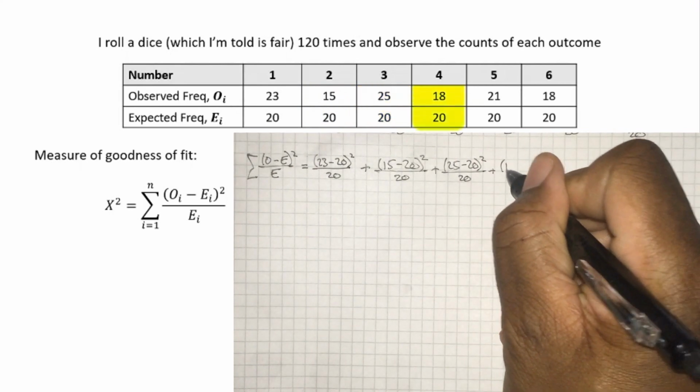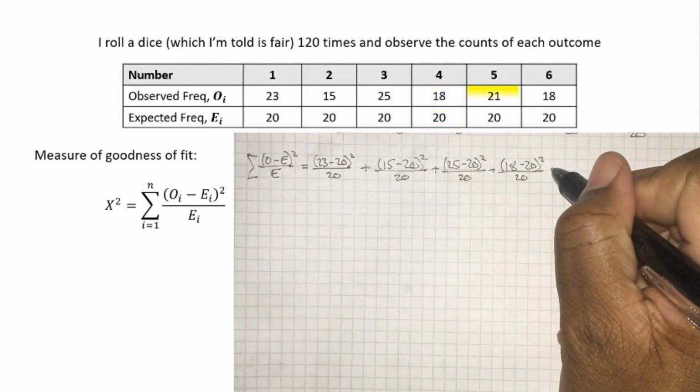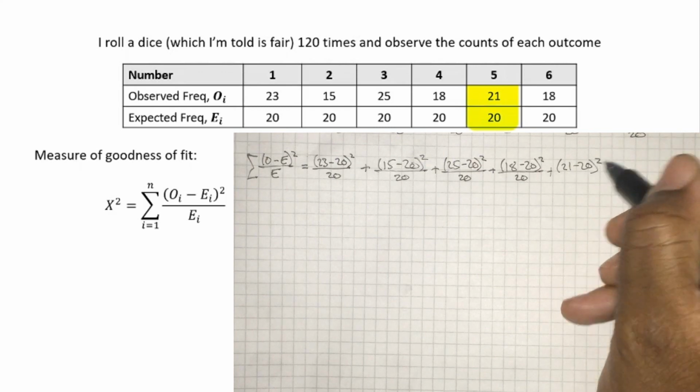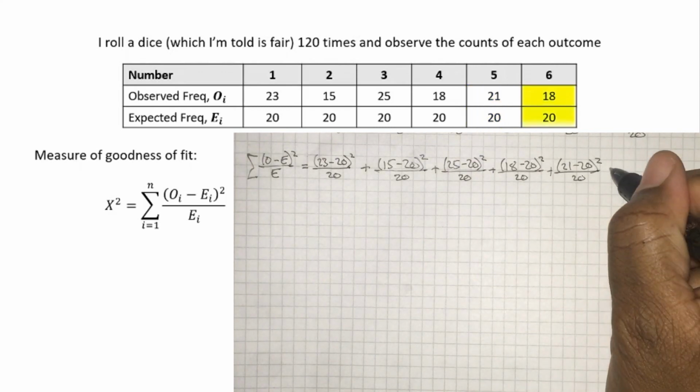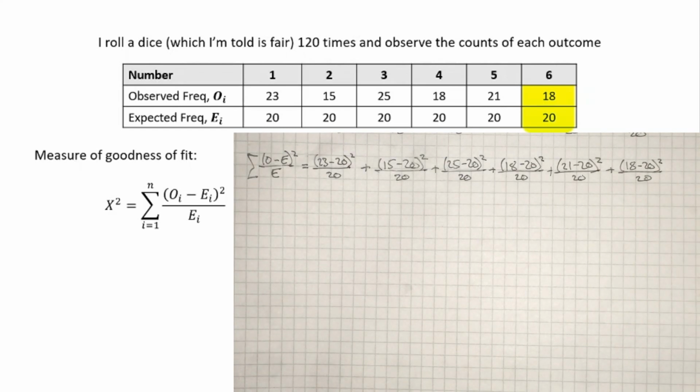We can see the denominator is going to be 20 every single time. But we'll just carry on, making sure we write out each of these calculations so that we have every contributing value to the chi-squared test statistic.